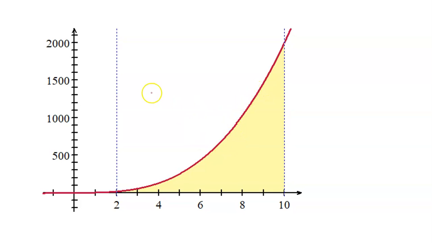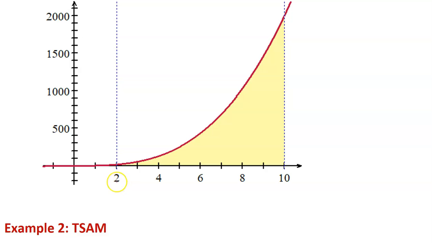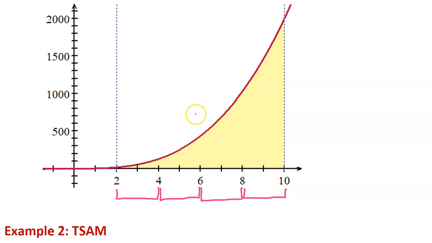Usually we have to do it ourselves. So we're talking about the area under the curve from 2 to 10. And the 4 subintervals are right here. So that's the first subinterval, the second one, the third, and the fourth. So from 2 to 4, 4 to 6, 6 to 8, 8 to 10.